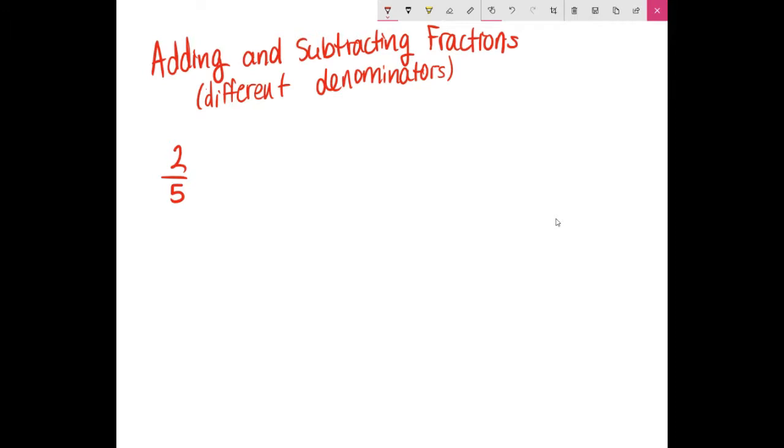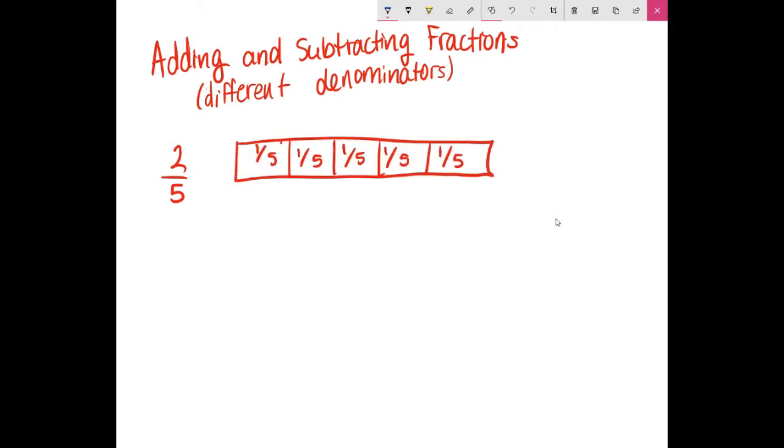So looking at this fraction 2/5, if we had an image, it would be 2 out of 5 boxes shaded. That means we would have 2 shaded out of the 5. That represents 2/5.